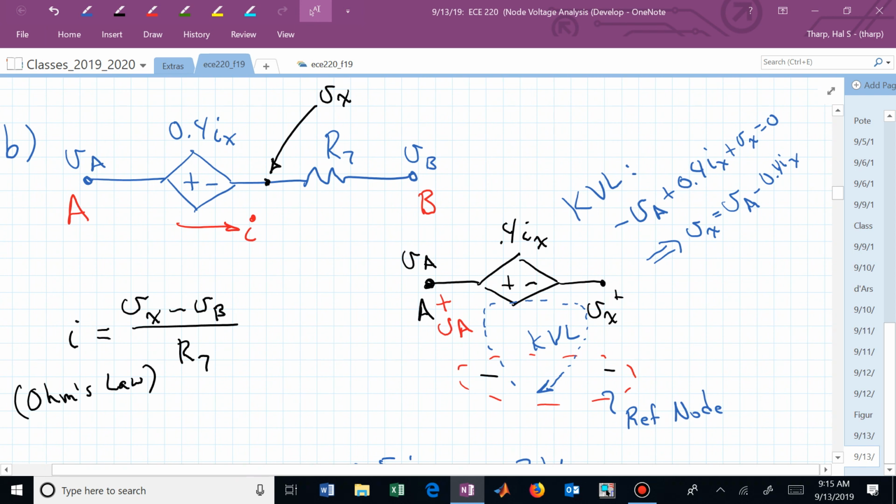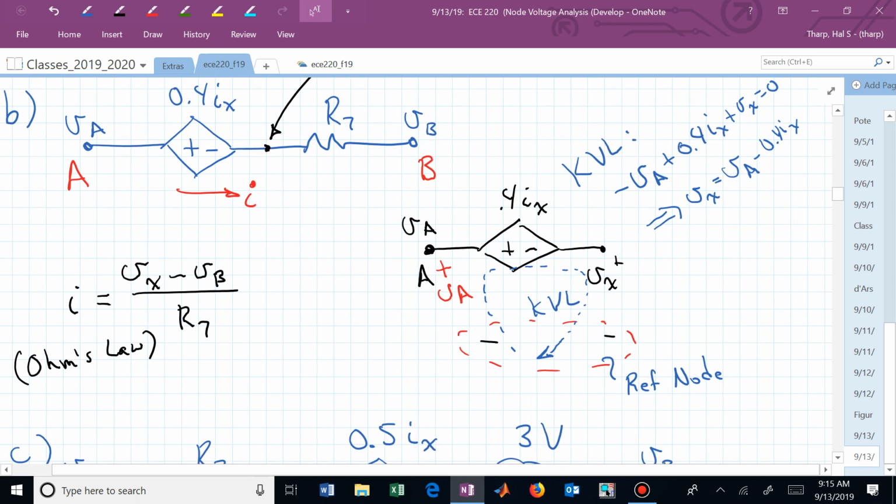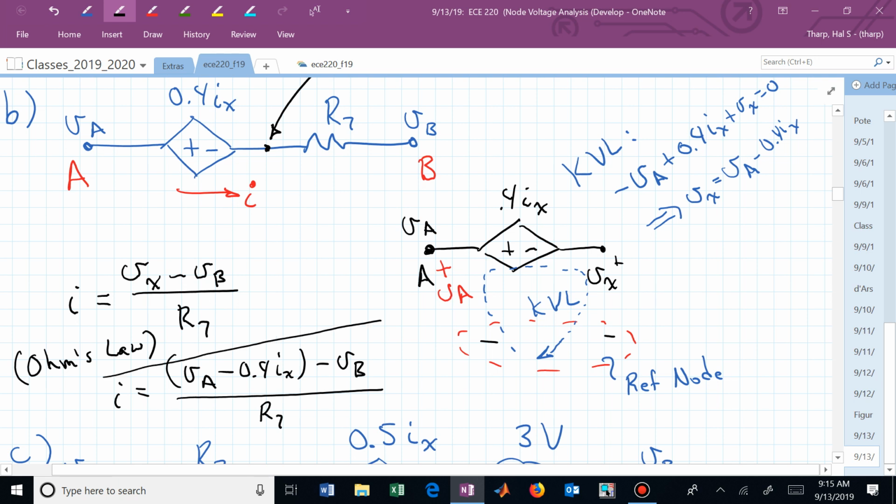You said you had some drop on the right-hand side of that dependent voltage source that you needed to accommodate when you were determining I. Or I now is equal to V sub A minus 0.4 I sub x minus V sub B over R7.